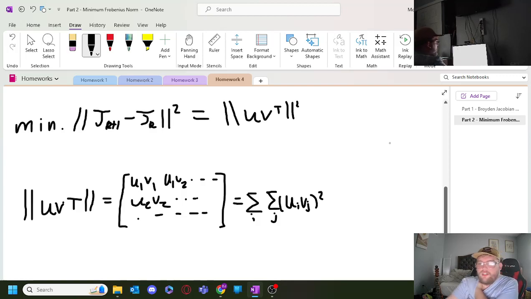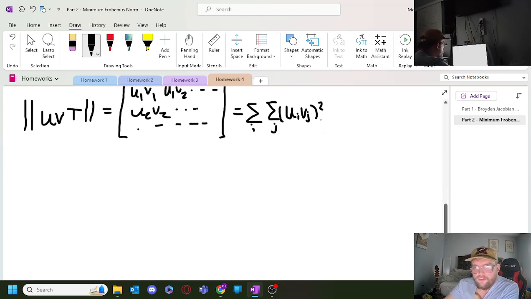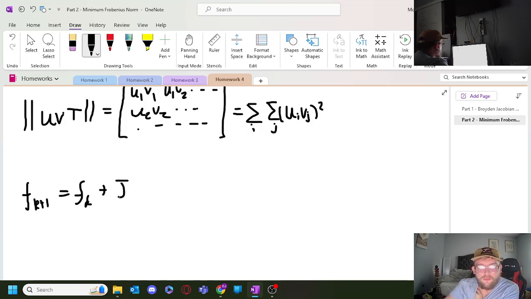So what we've got to do now is set up a constraint. Our constraint equation is going to be this: F k plus 1 has to equal F k plus the updated Jacobian matrix multiplied by our change in x.